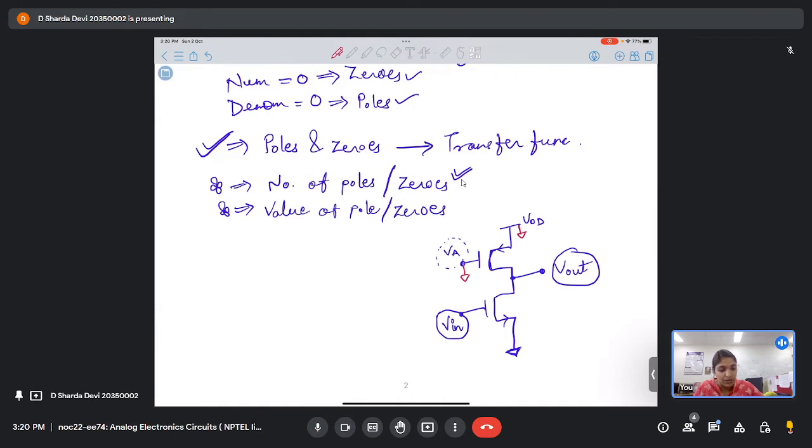So now what are the nodes left where you'll see AC is basically V out and V in, right? Okay. Now number of poles, please keep this in mind. The number of poles is equal to number of AC nodes. So how many poles do we have in the system?